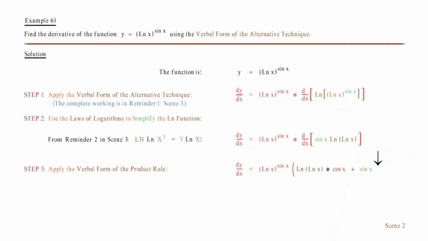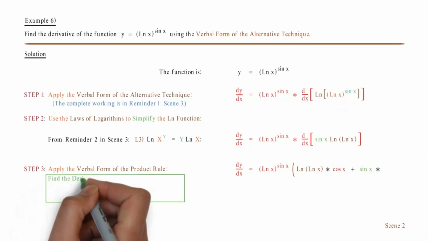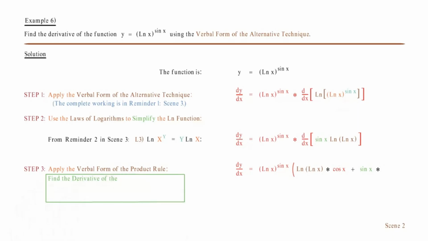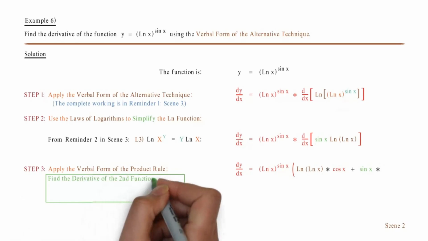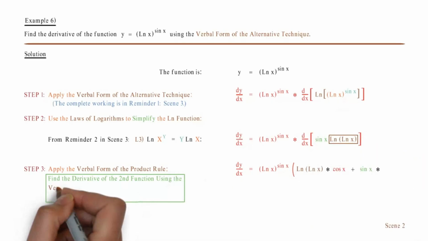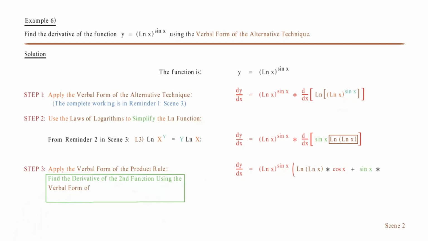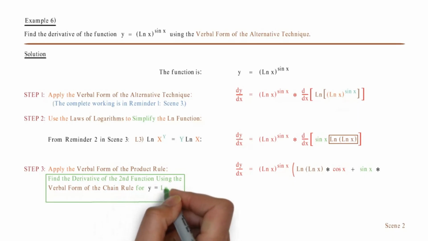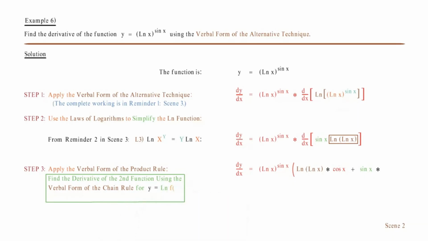Times is times. Find the derivative of the second function using the verbal form of the chain rule for y equals ln of f of x.